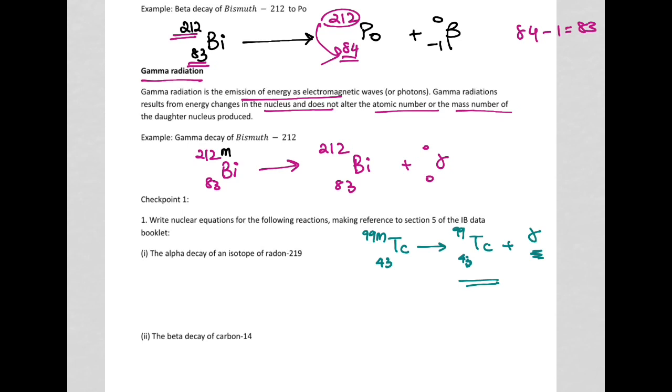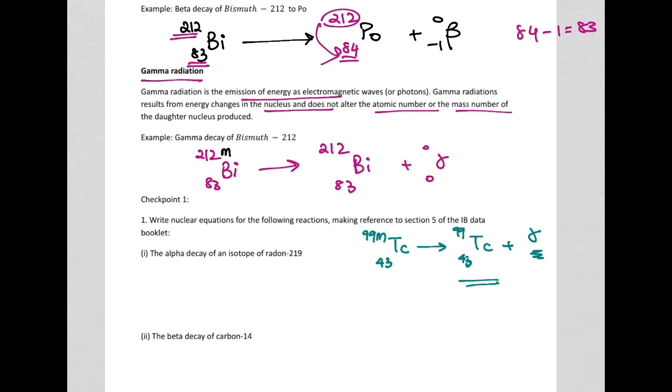Metastable means that it exists as an excited state. But when it emits the gamma radiation, now it's back to the ground state. This is what the m means. So it's the same thing, except that this is in the excited state. And when it produces back technetium in the ground state, it releases energy. And the energy that is liberated is used for imaging.